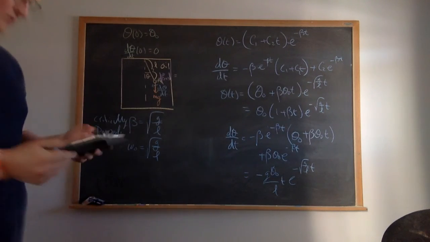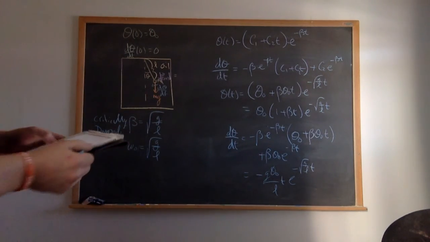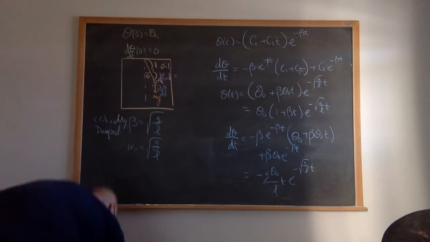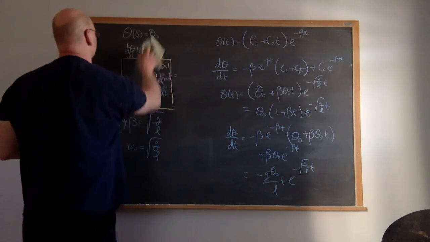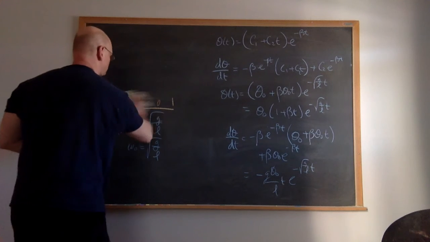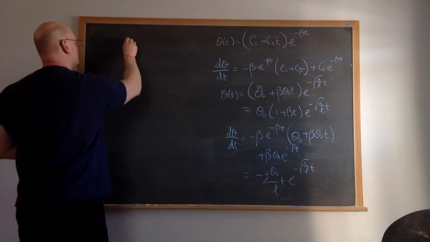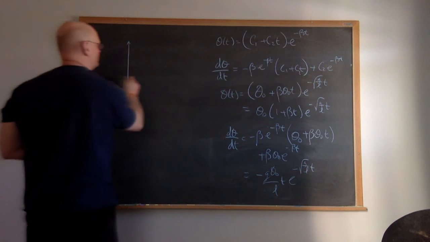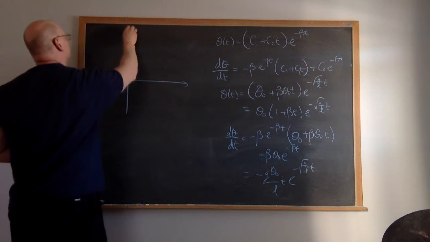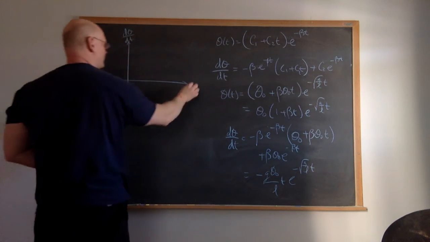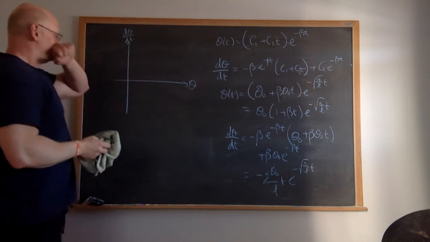The next thing we want to do is make a sketch of the phase space diagram for this using those particular values. So our phase space diagram is going to look like this. Here I'm going to have d theta dt, and here I'm going to have theta.